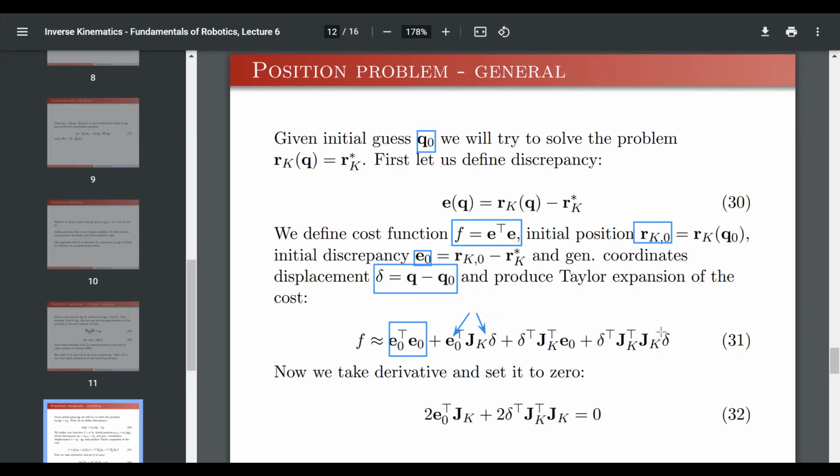This is a little bit hard because we skip so many steps. But in Taylor expansion, you remember the formula is like this. You evaluate the original function, then take the derivative of this function and multiply it by x minus x0, where x is a variable and x0 is the point at which you evaluate the function.